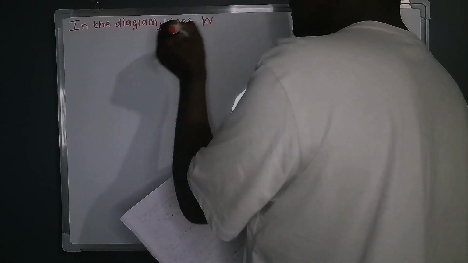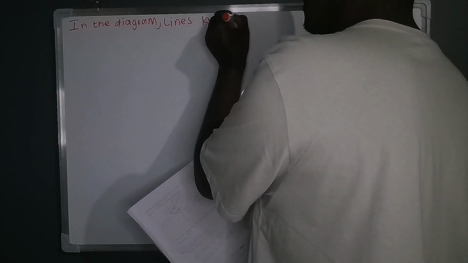The last example, it says in the diagram, lines KV and OT are parallel.